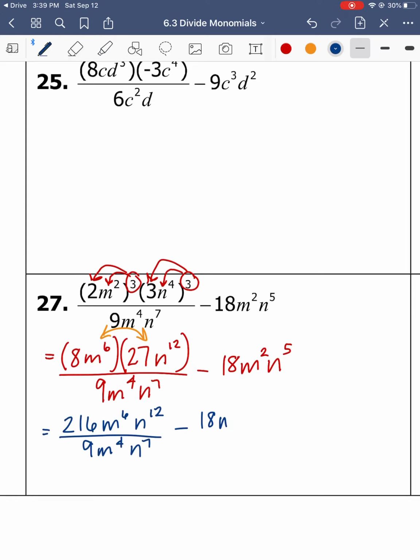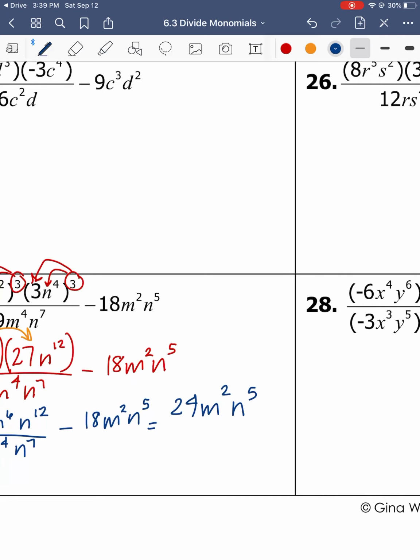And then we still have this term that we're subtracting there at the end. So we want to reduce these, divide out these coefficients here. So 216 divided by 9 is equal to 24. Then we have m to the 6th over m to the 4th. So we have m to the 6 minus 4, which is 2. n to the 12 minus 7, which is 5.